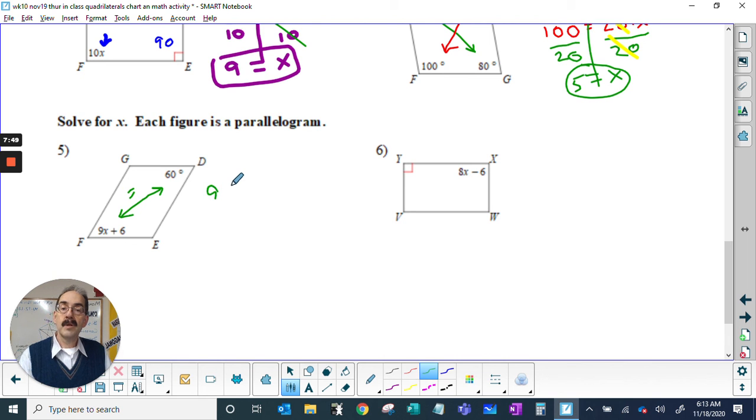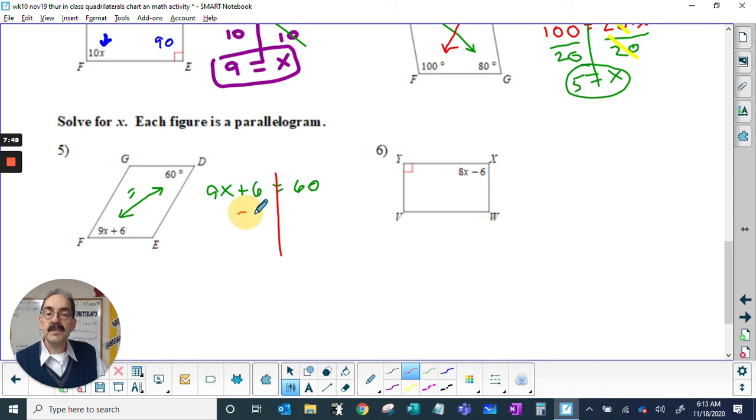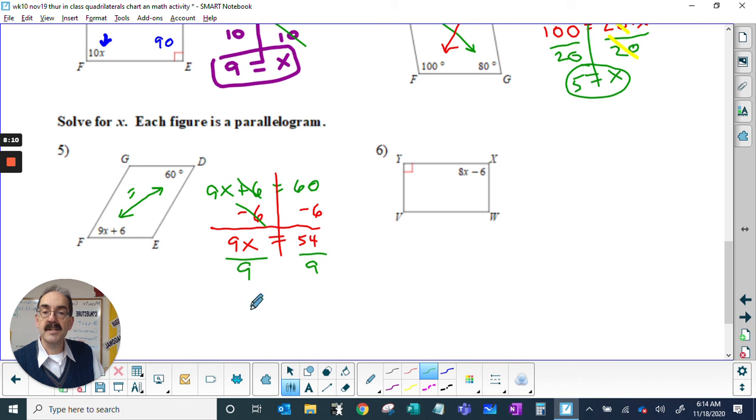So 9x plus 6 equals 60. Reverse PEMDAS. The opposite of a plus is a minus. And we'll get 9x, we still have the equals, 60 minus 6, 54. The opposite of multiply, divide. We want to get x by itself.